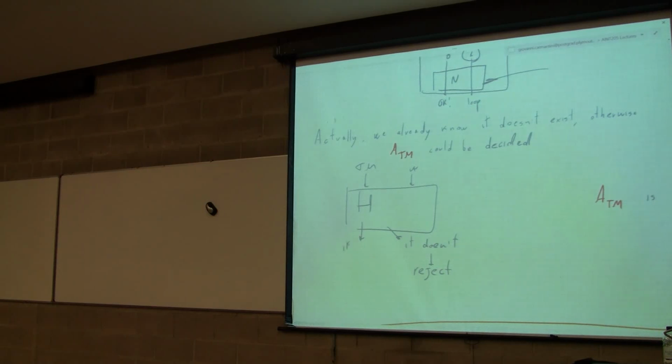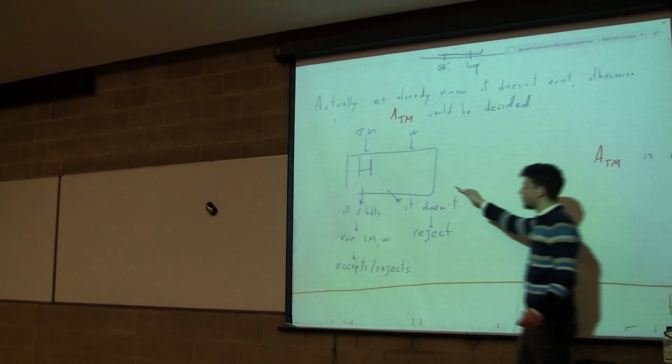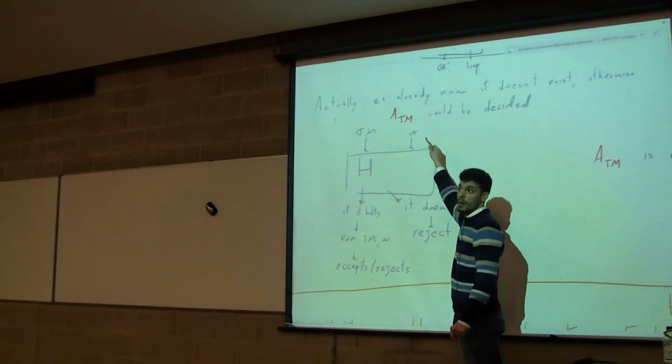If H says it halts with W, what can you do now? Well, if it halts, it's perfectly fine. You just simulate TM with W. It halts, so you know in a finite time you will know the answer, right? So now run TM with W, and you will know if it accepts or rejects, right? So if you have H, it's really easy to solve ATM, right?